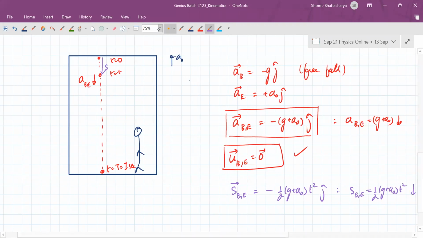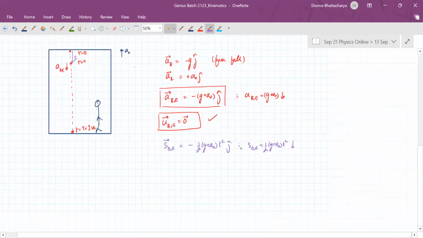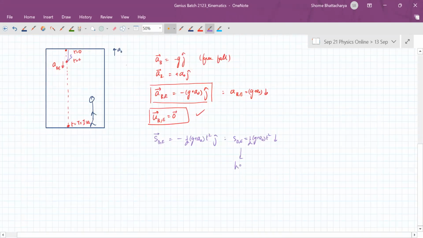So now this is the thing which will give you the answer. This is going to be h at the time t. So 6 is going to be half of (10 plus a naught) into 1 square. So you can see from here this a naught will come out to be 2 meters per second square.